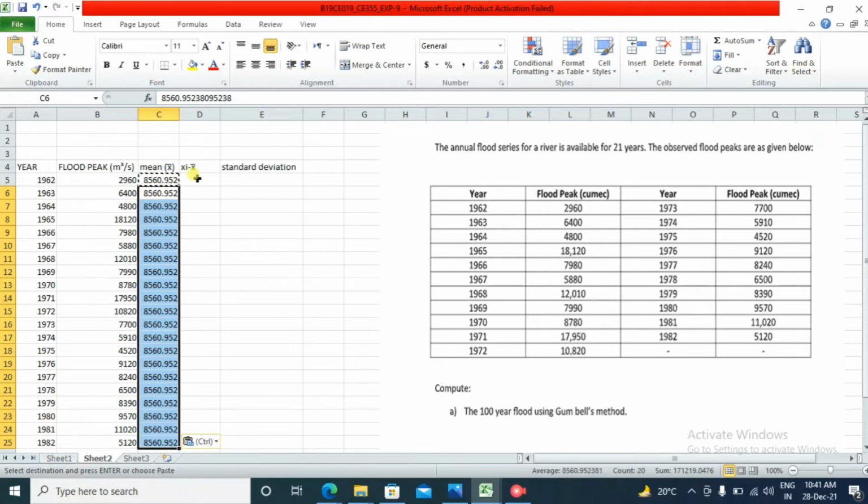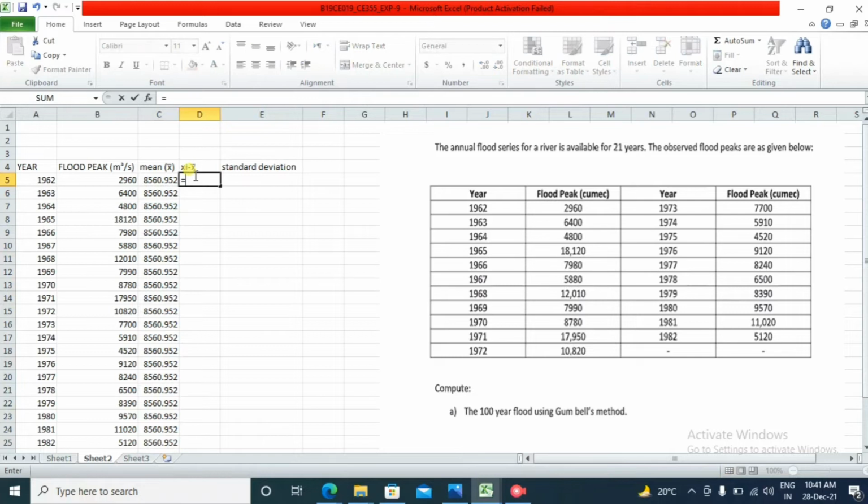Now I need to calculate xi minus x bar. Place the equal to sign. Xi means B5, minus C5. Press enter, and we get minus 5600.95.